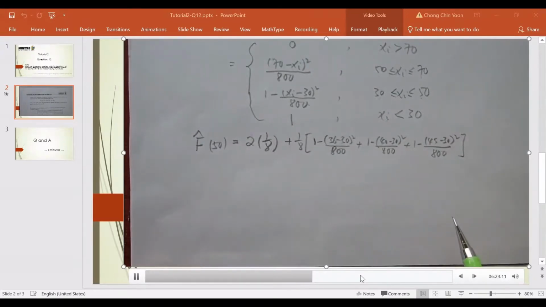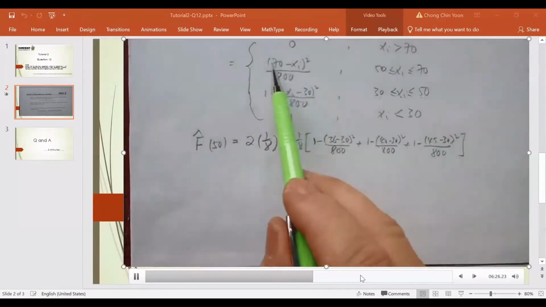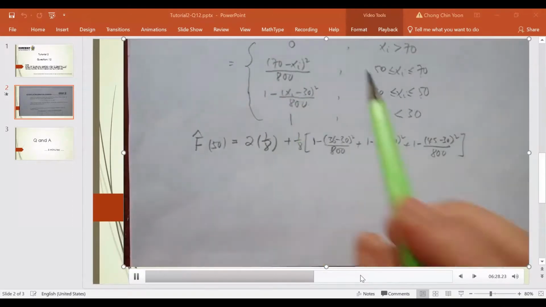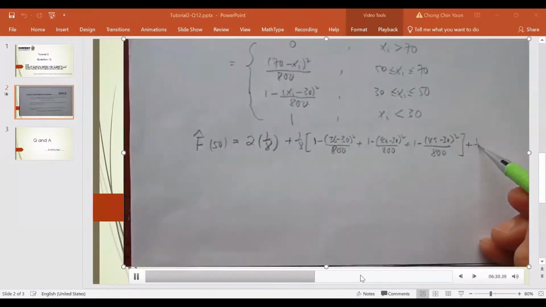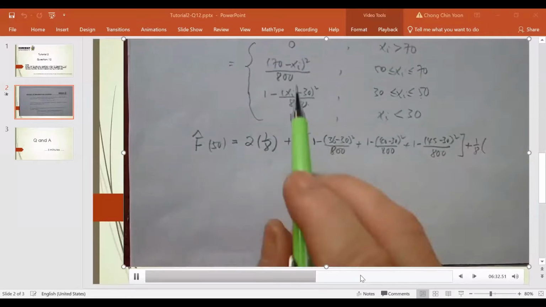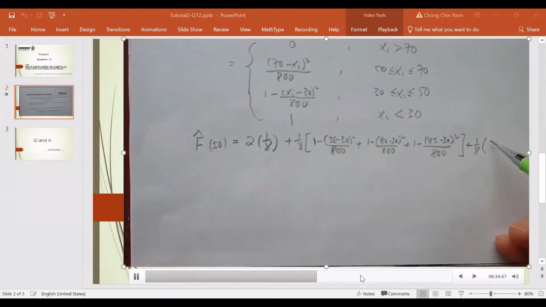And I have 1 data which falls in this group, which is 60. So I will take the probability times this value, that is 70 minus 60 squared divided by 800.